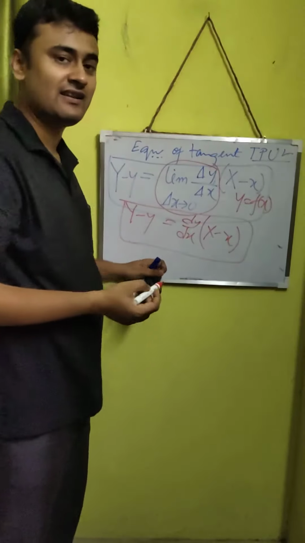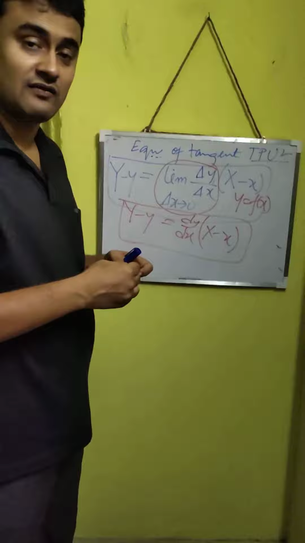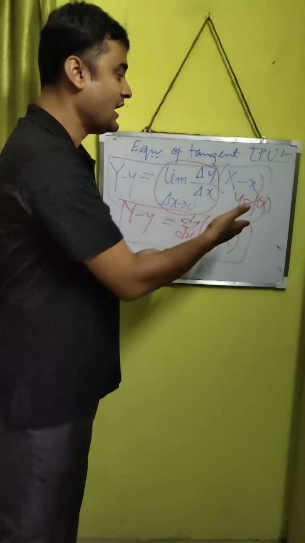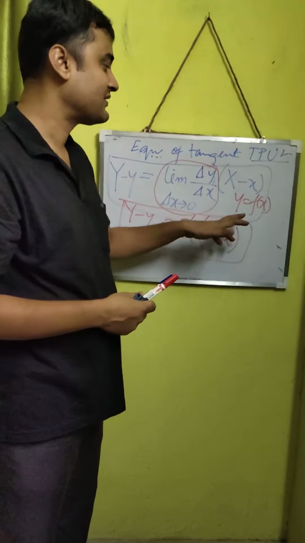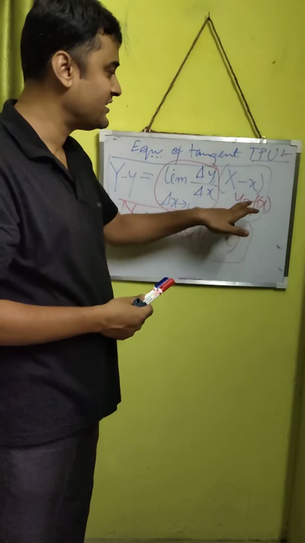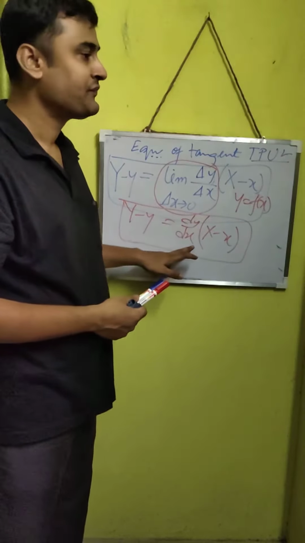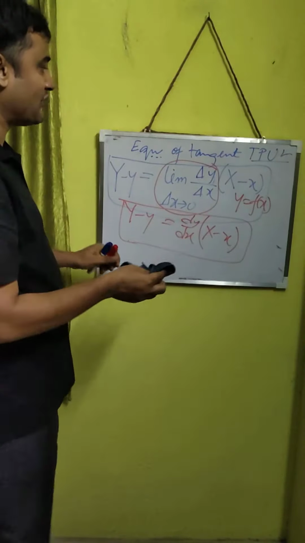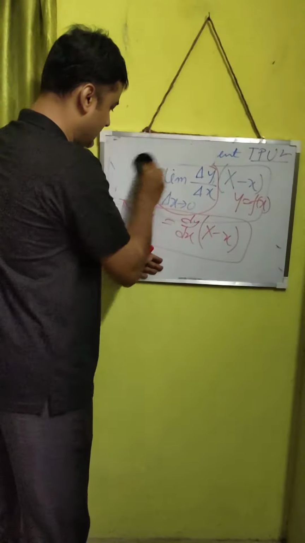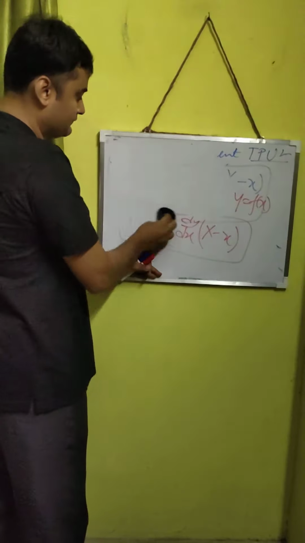So essentially it's very easy to find the equation of a tangent to a particular curve. If the question asks you to find the equation of a tangent to a particular curve, say y equal to f(x), you just differentiate it, find dy/dx, and at the given point, say (alpha, beta), the equation of the tangent becomes what? Let me write it for you.